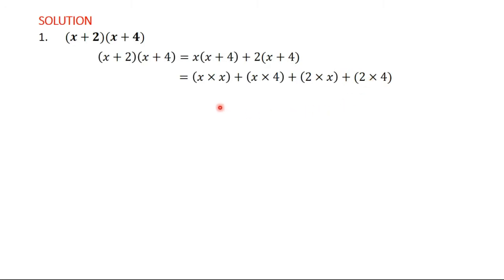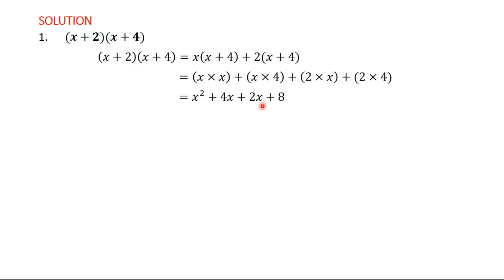We've seen from multiplication of algebraic expressions that x times x is going to give us x squared. x times 4 is going to give us 4x. 2 times x is going to give us 2x. And 2 times 4 is going to give us 8. So we add like terms. We can see from here that the only like terms here are 4x and 2x.